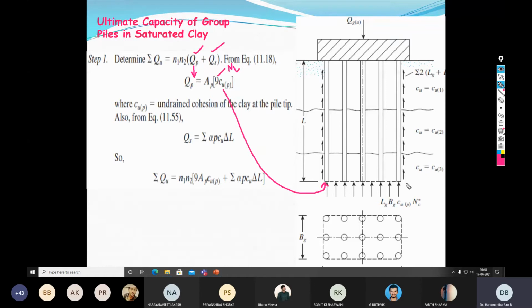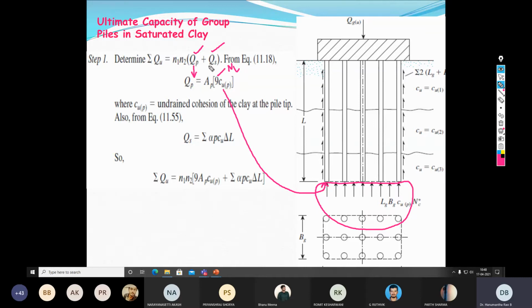This is the soil that bears the point load, since the soil below the pile tip experiences the load coming from the piles. Therefore, strictly you must consider the cohesion of the soil right beneath the pile tip, not even above the pile tip.